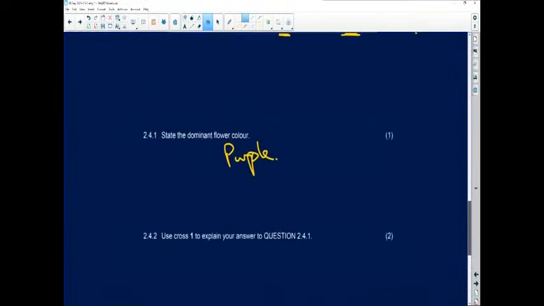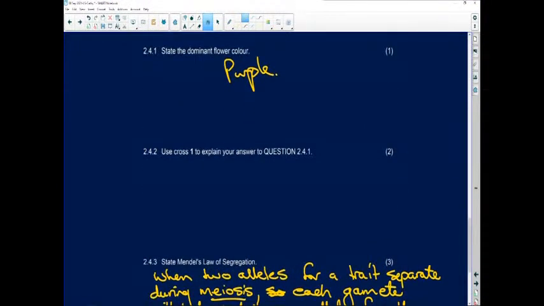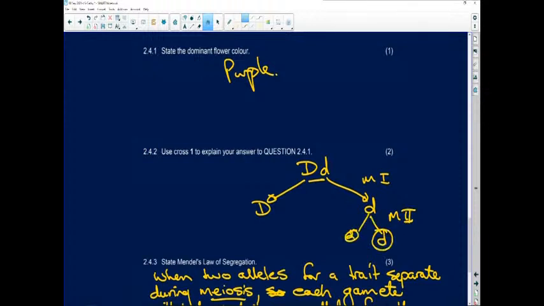So let me show you. Let's do it quick sticks here. Okay, let's take a heterozygous so we can see. So we do Dd. Now meiosis takes place. In meiosis 1, what do we have? We have Dd. And then during meiosis 2, we have D, D, and lowercase d, lowercase d.